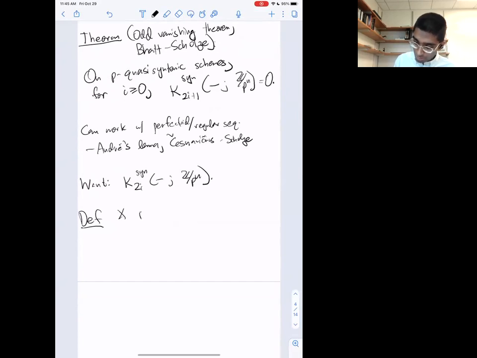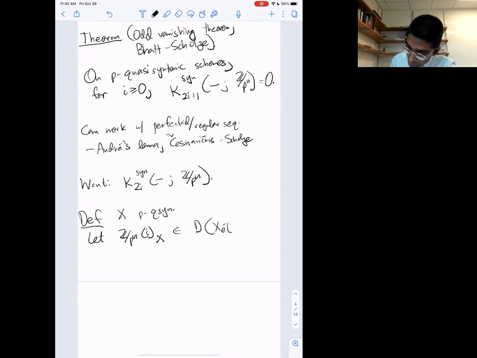So X is going to be a p-quasisyntomic scheme throughout. And I'm going to define an object Z/p^n(i) twisted by i, sub X. This is going to be some object in the derived category of étale sheaves on X. And this is going to be the derived pushforward of the syntomic sheaf K_{2i}, fully sheafified with Z/p^n coefficients, to the étale site of X.